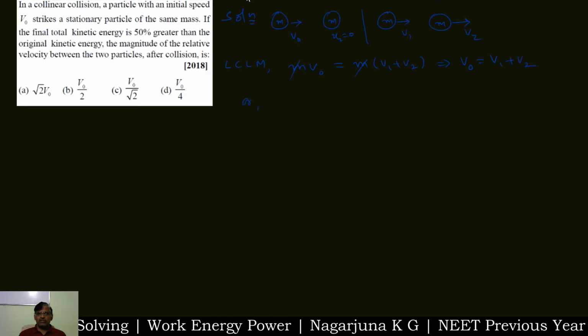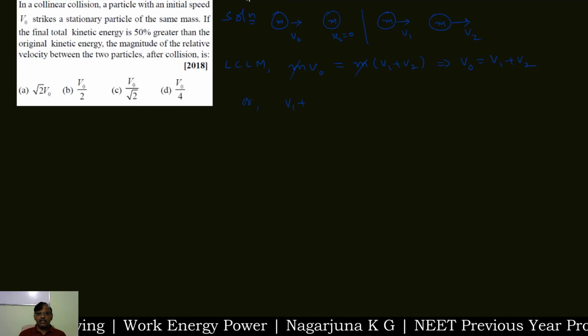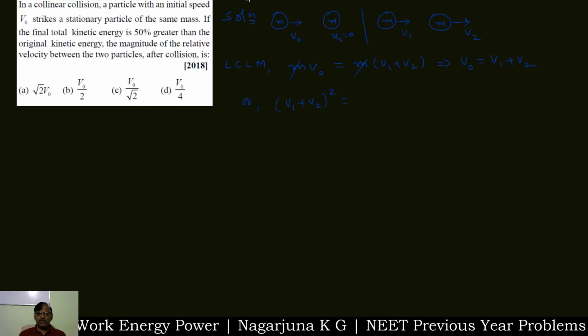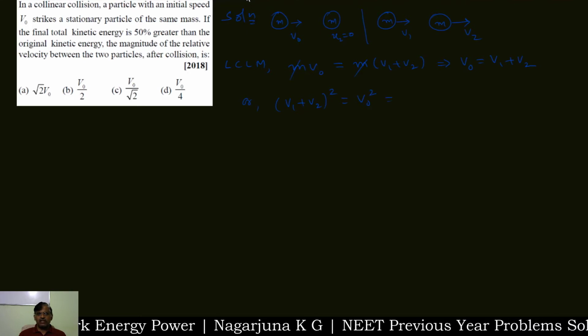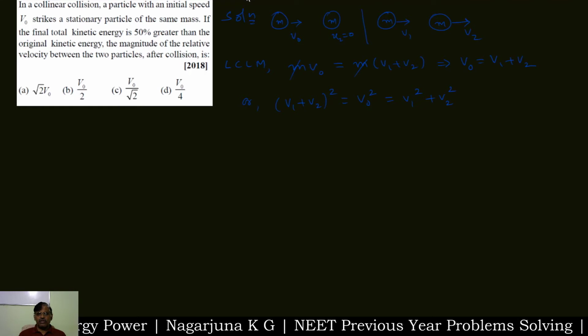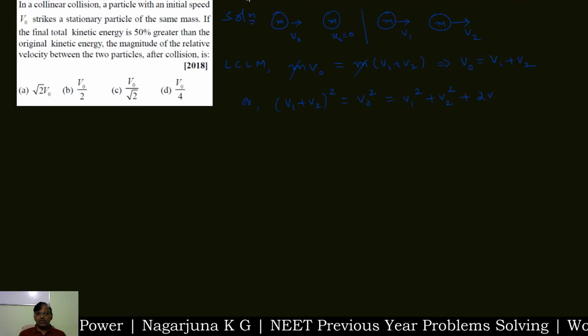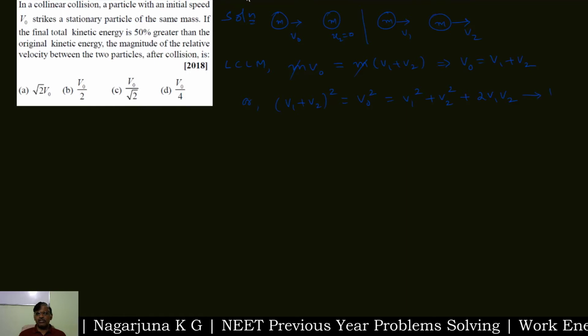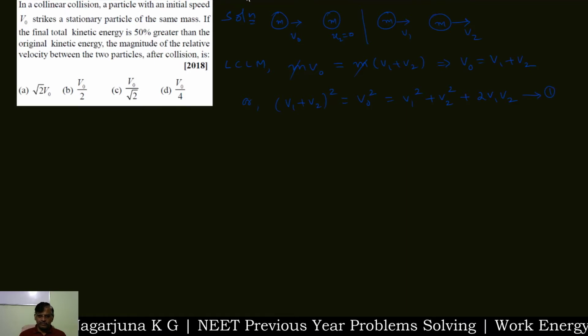Or if we take square on both sides, (v1 plus v2) whole square is equal to v0 square, that is equal to v1 square plus v2 square plus 2 v1 v2. Let us assume it is equation number 1.